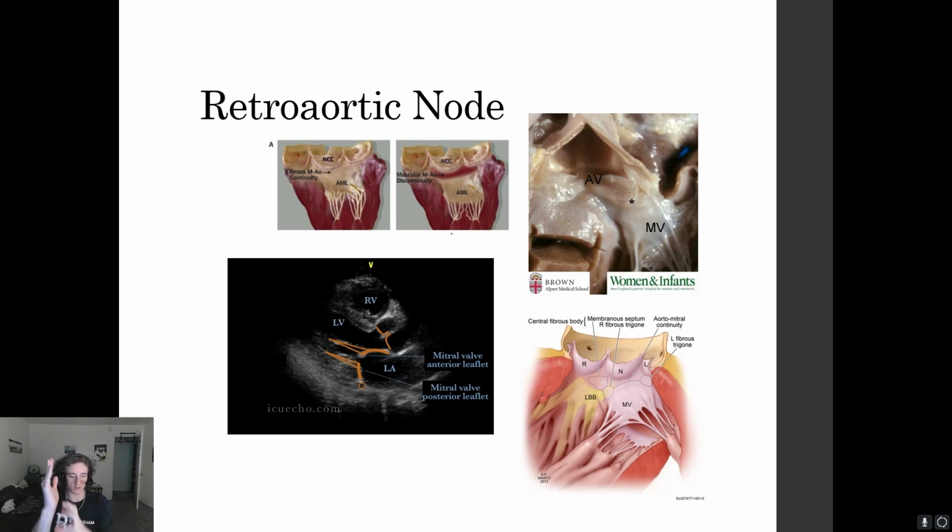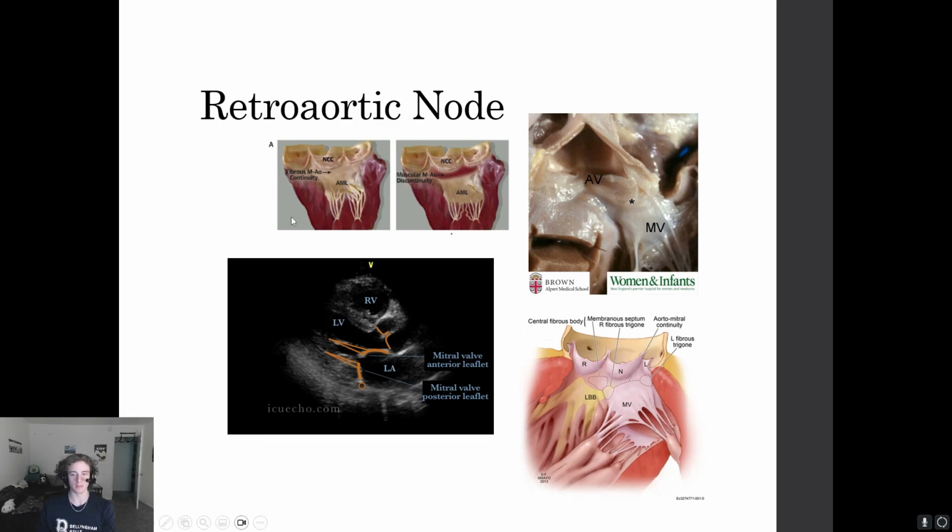And the compact node forms in the lower part. The superior part is broken off by the fibrous body, but there's still this atrial remnant from that superior transition. That atrial remnant of the superior transition of the primary ring is what forms the retroaortic node. And it's separate from the compact node by an area of working myocardium.